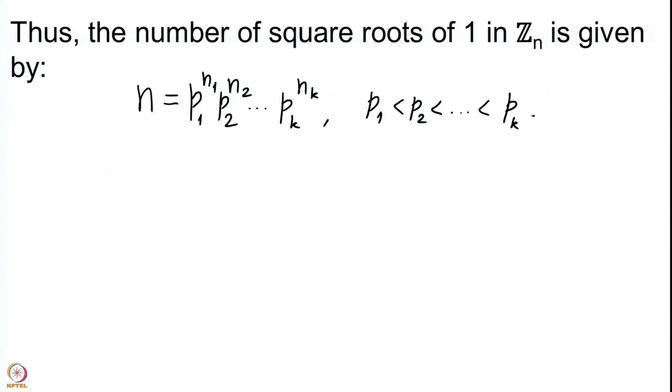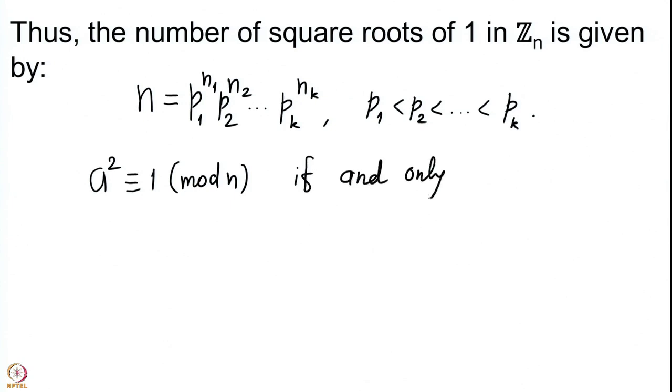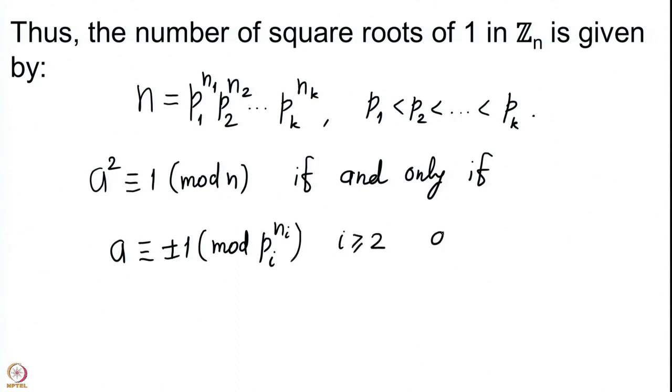Okay. Then we know that a squared congruent to 1 mod n if and only if a equal to plus or minus 1 mod p_i power n_i for i bigger than or equal to 2, and then there are these bunch of solutions.